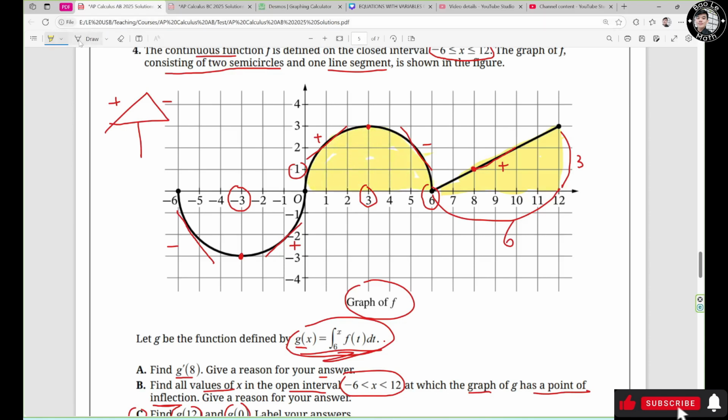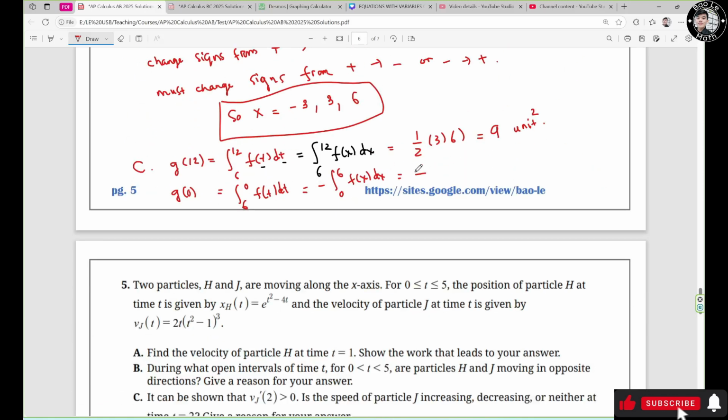Alright, so the area of the semicircle is going to be 1/2 pi r squared, right? The radius is 3, because this one is the center. So you have 1/2 times pi times 9. So I put it over here. It's going to be -1/2 times pi times 3 squared. So it could be -9 pi over 2 square units, right?